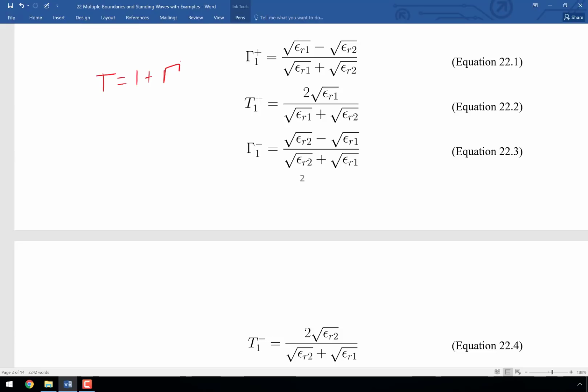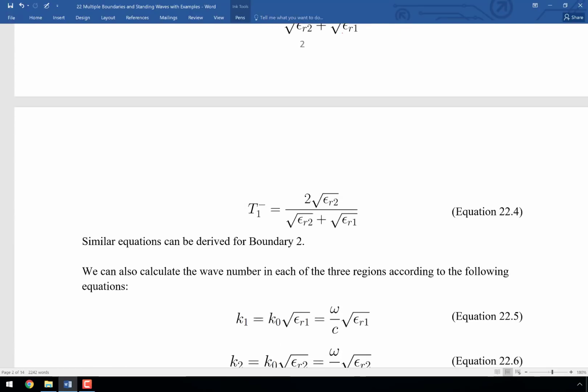You'll also notice here, and I won't use this for a while, that the relationship between gamma 1 plus and gamma 1 minus is that they're negatives of each other. So gamma 1 plus is equal to negative gamma 1 minus, simply because the two terms in the numerator are reversed, and since there's a negative sign, that yields a negative sign when we reverse them.